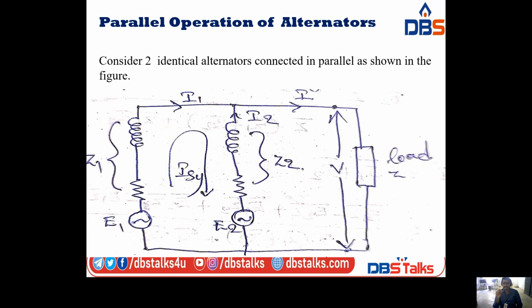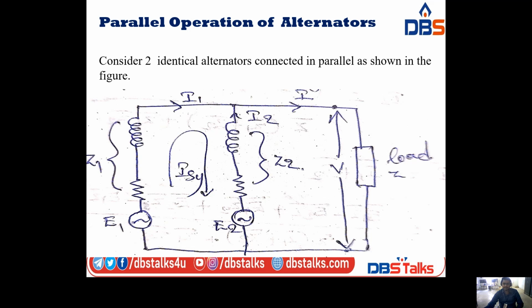Alternator 1 carries current I1 and alternator 2 carries current I2, and the total current is I. The two alternators are connected to a load, with terminal voltage or load voltage V. Using this diagram, we have to derive the parallel operation of alternators.